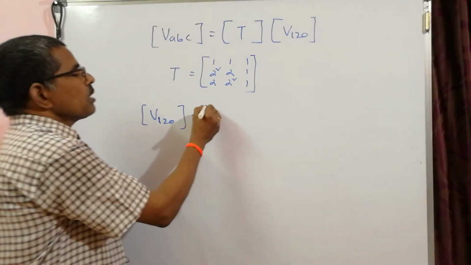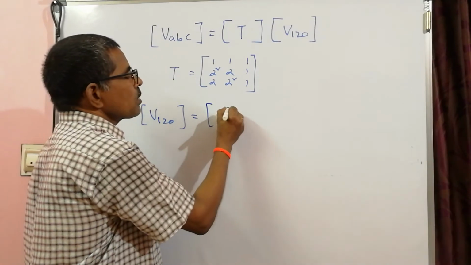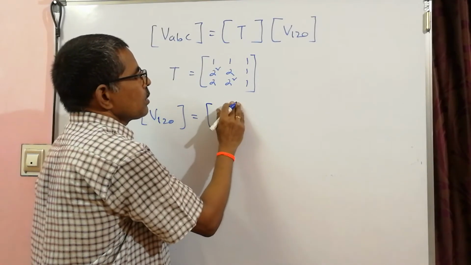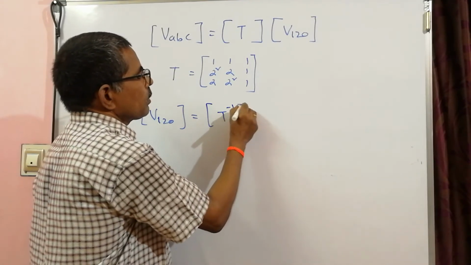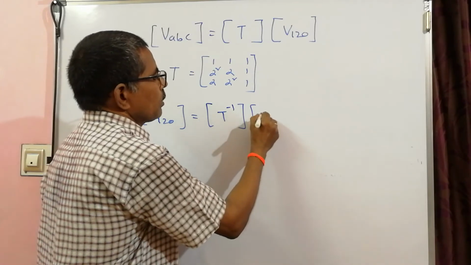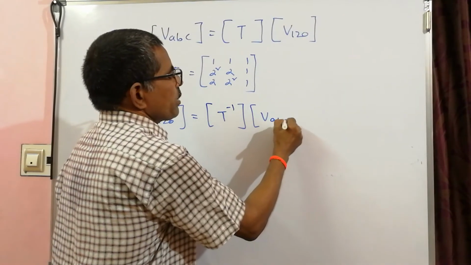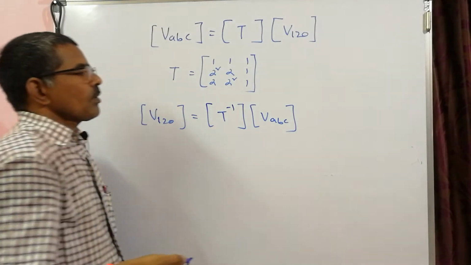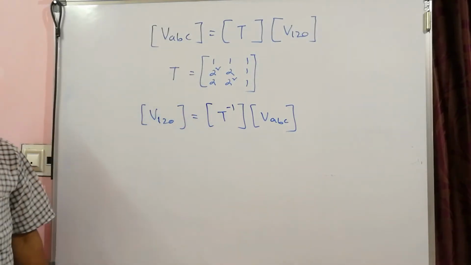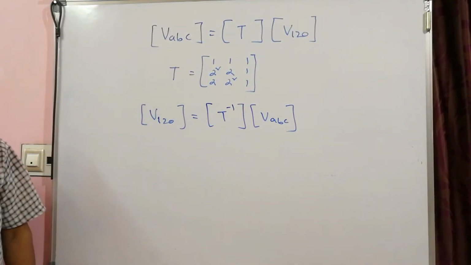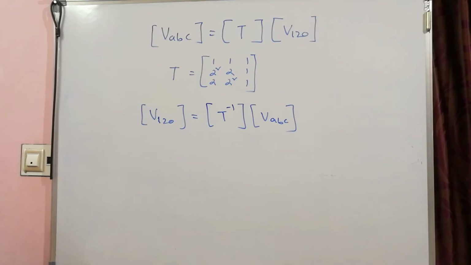That is nothing but T inverse, okay, VABC. I hope you will be able to obtain what is T inverse. V120 is T inverse VABC.